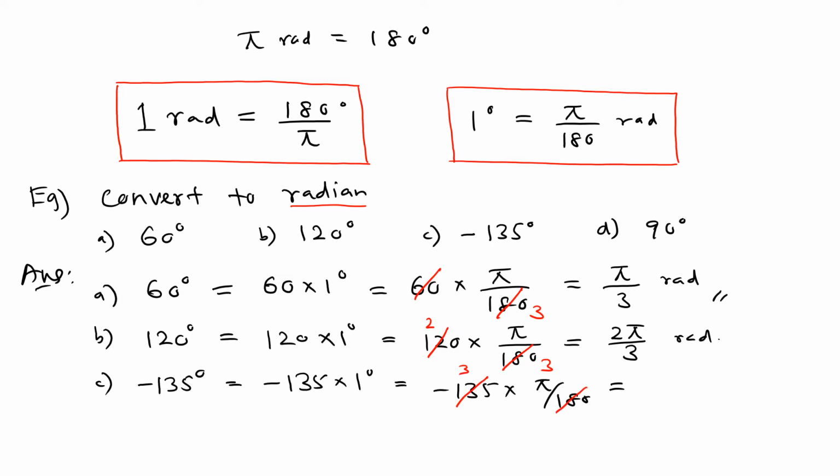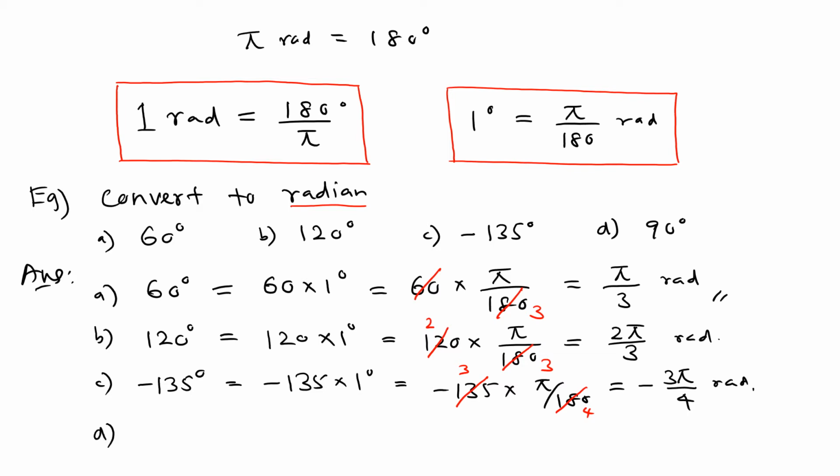There are 4 45s there. And if you cannot do that, first divide by 5 and then divide by 3 like that. Okay, so the answer is going to be negative 3 pi over 4 radian.